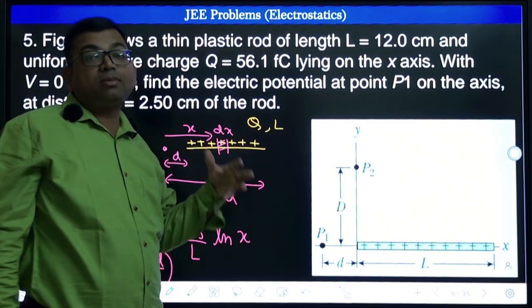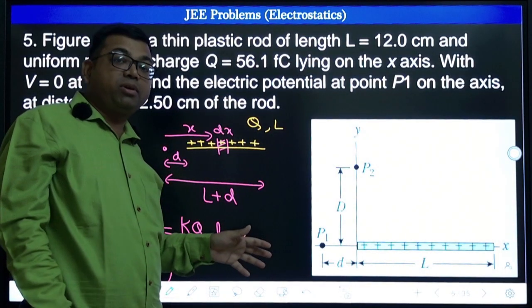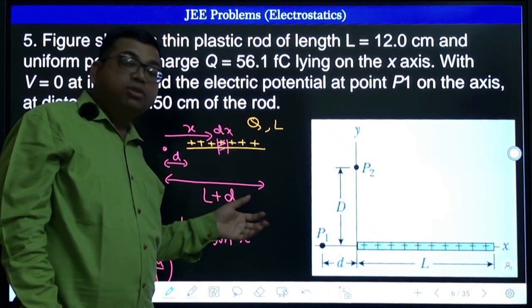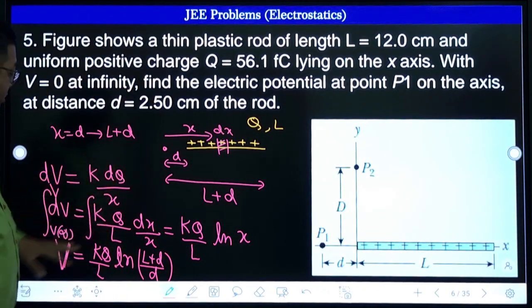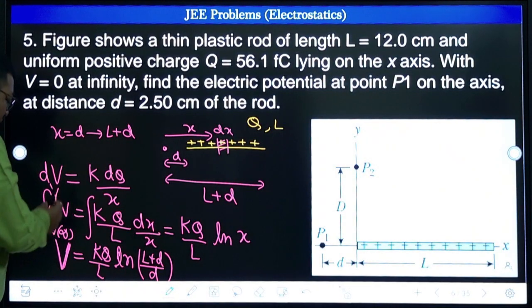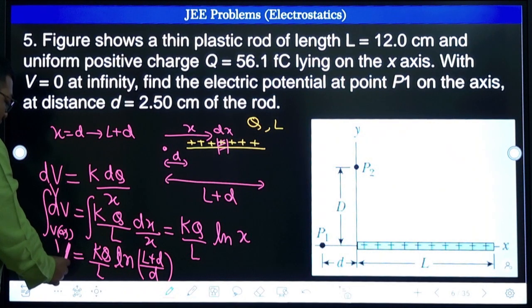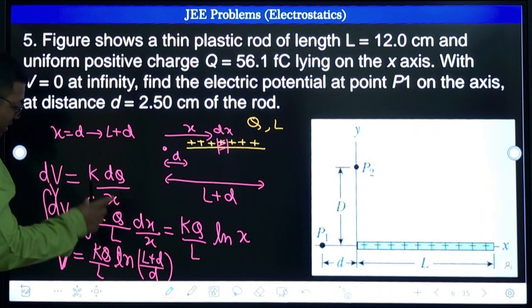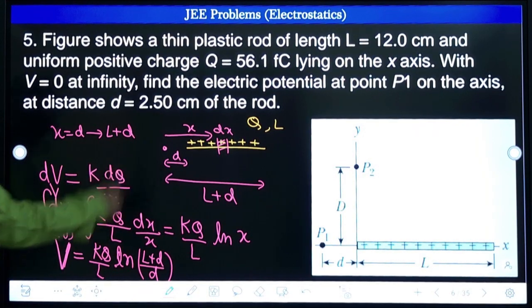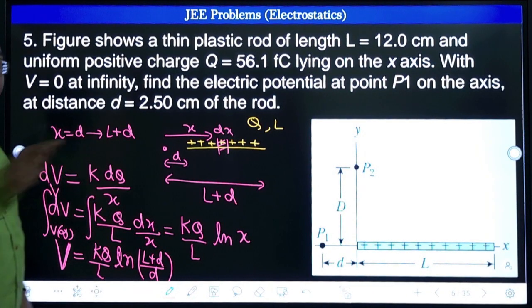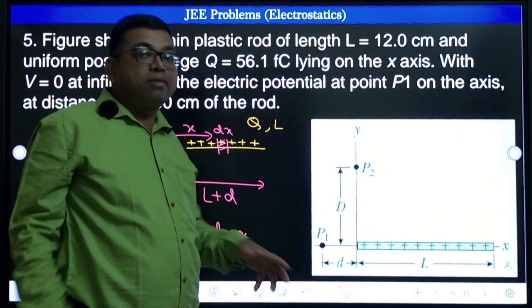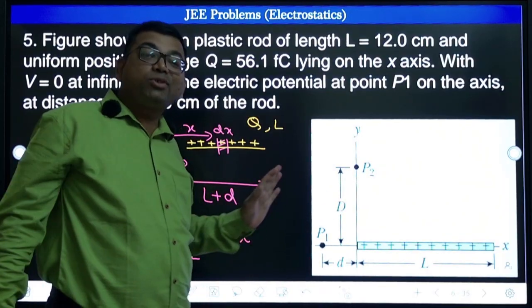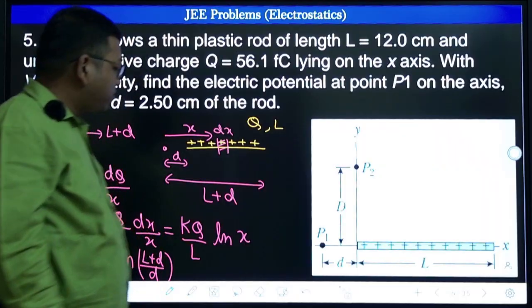It is the work done in moving a charge from infinity to that point, and the potential at infinity is 0. So the difference V minus V infinity is going to be V. This is the exact formula for potential at that point. This is a very good point, otherwise this will be a confusion in many derivations due to continuous charge distribution.